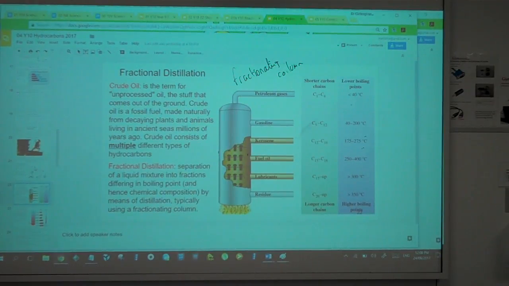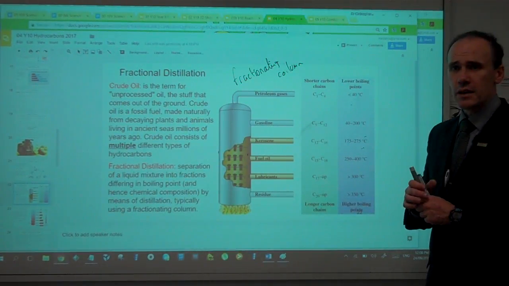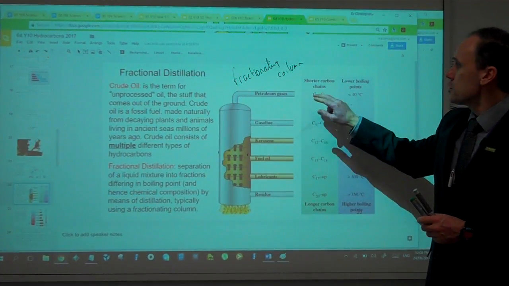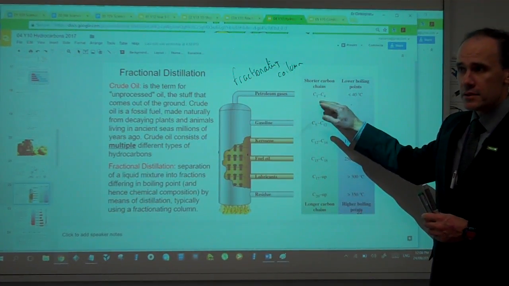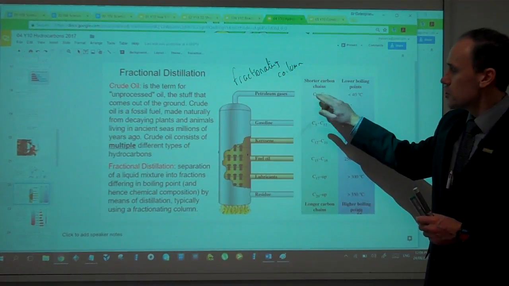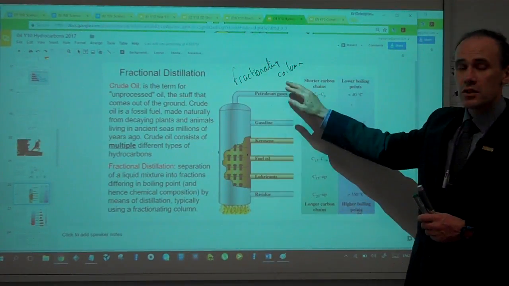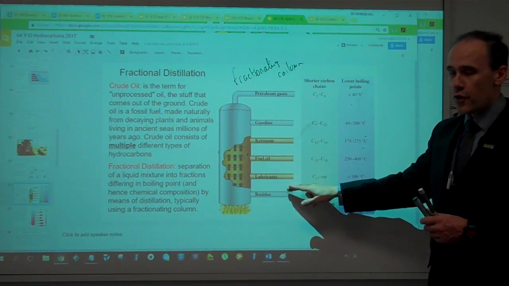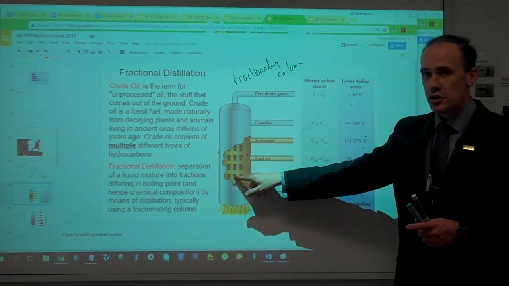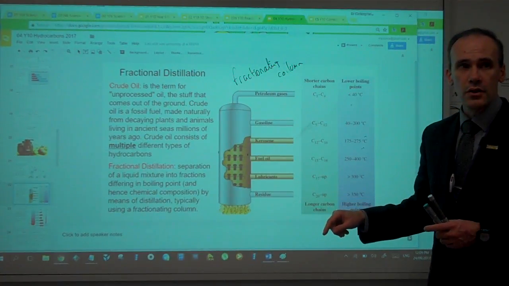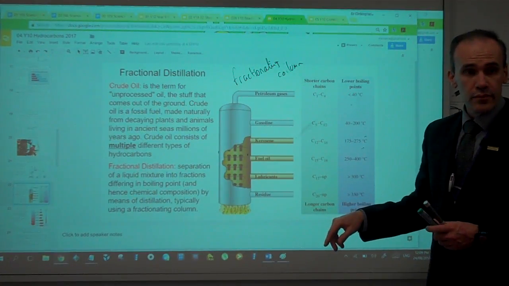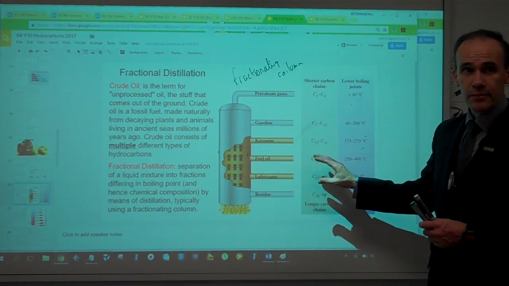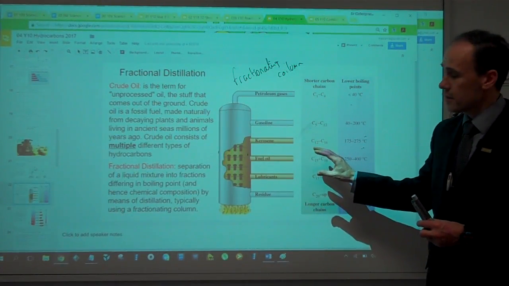Okay. So, listen up, let's finish. In that fractionating column, the short chain carbons reach the top of the column. And the longer the chain, the further down condensation and then collection occurs. Now you don't need to be able to draw that, you need to understand it.